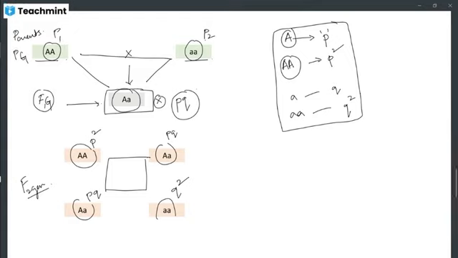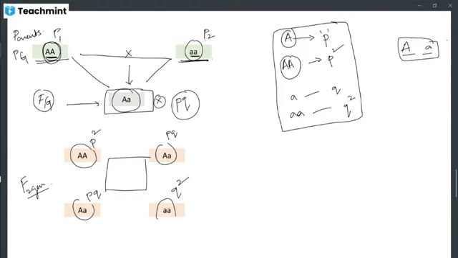In this example, we have just considered a single gene at a locus, with a capital allele and a small allele. So a single gene with two alleles, capital A and small a, just for our assumption.